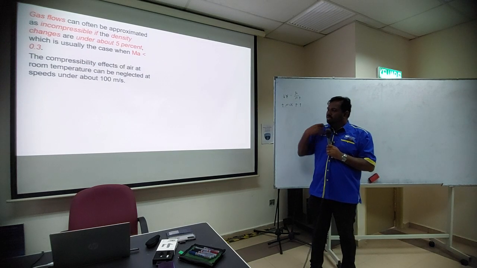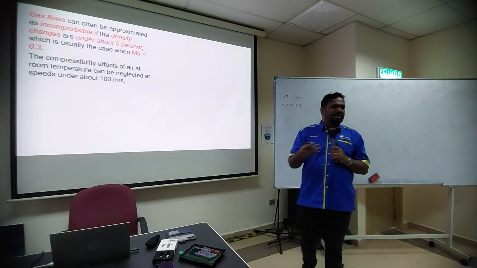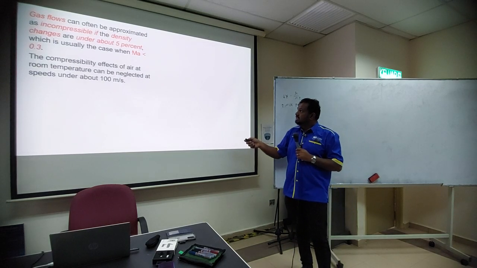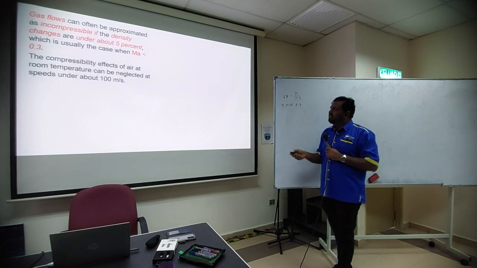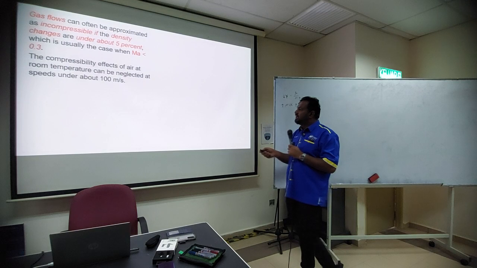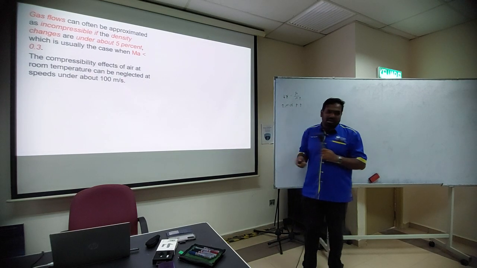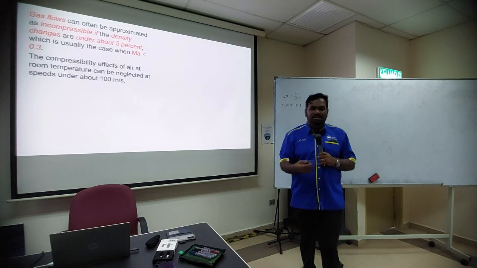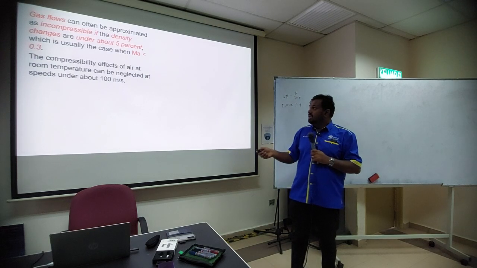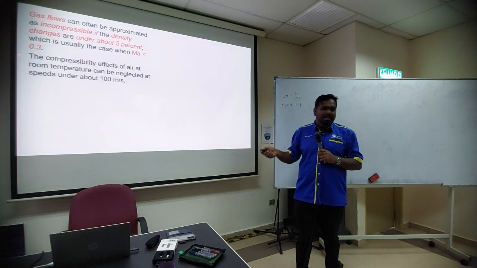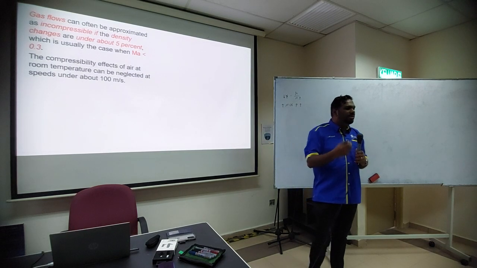Incompressibility effects of air at room temperature can be neglected at speeds under about 100 meters per second. So let's say you are doing some analysis and the speed is lesser than 100 meters per second, then you can neglect the compressibility effect of gas because it won't change much.